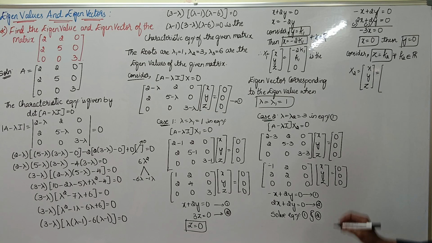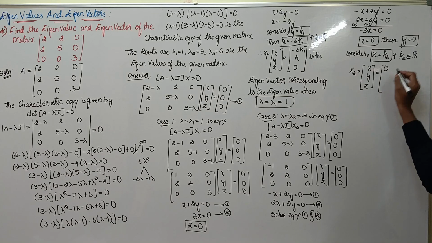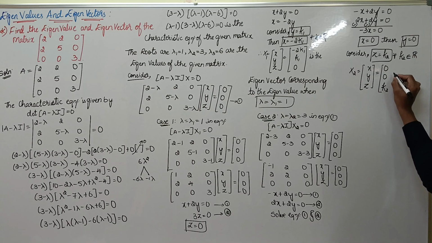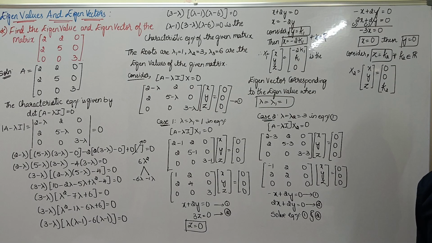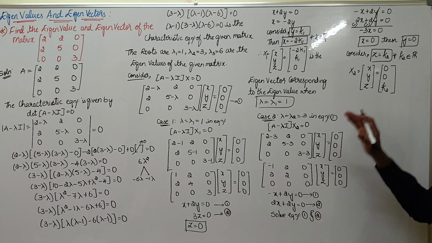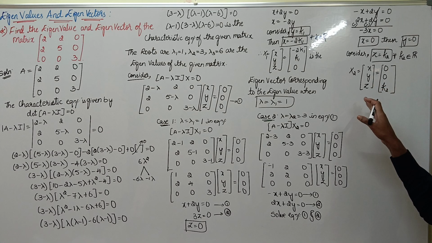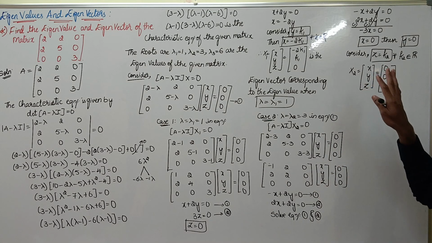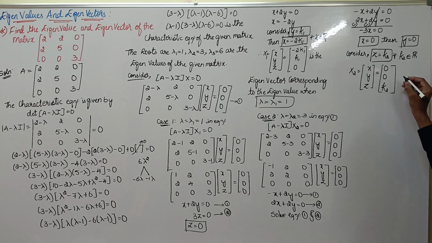This is the case number 2 solution, where x2 which is equal to x, y, z, which is equal to, what is the value of x? Value of x is 0. What is the value of y? 0. What is the value of z? k2. Always remember, whatever unknowns we are going to find, whether it may be x, y, z, the variables, every term should not be equal to 0. This is the first condition.